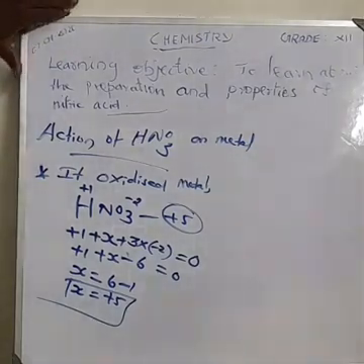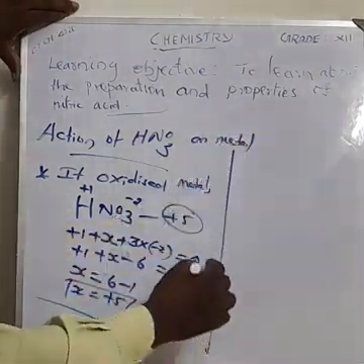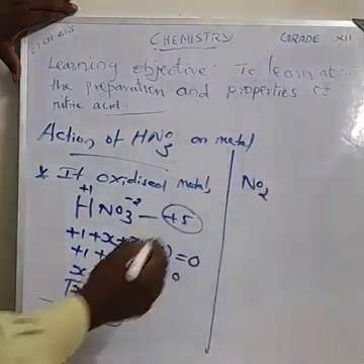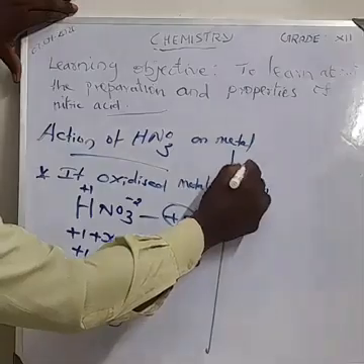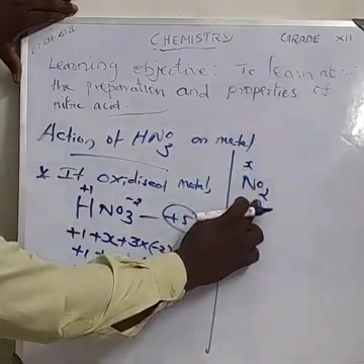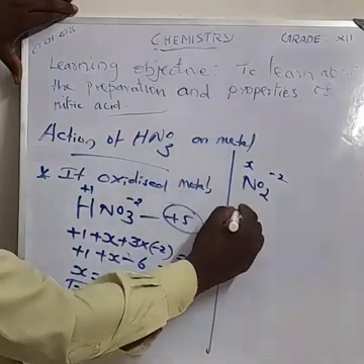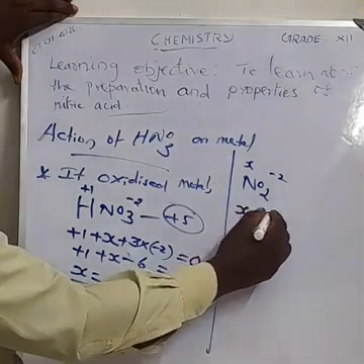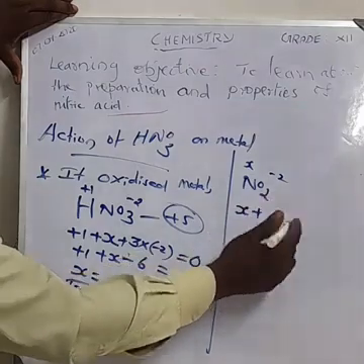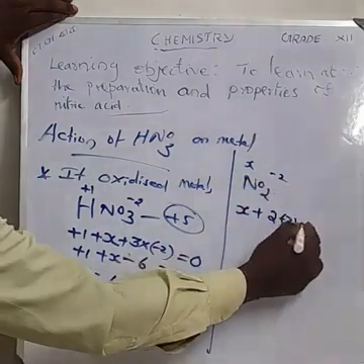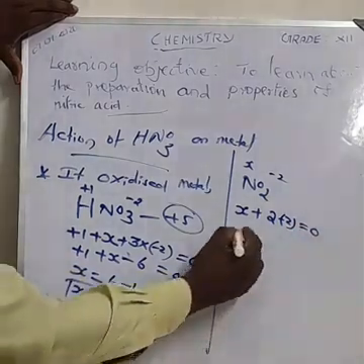Next, what is the oxidation state of nitrogen in NO2? Nitrogen is taken as X and oxygen is -2. So X plus 2 into -2, and there is no charge, so it equals 0.